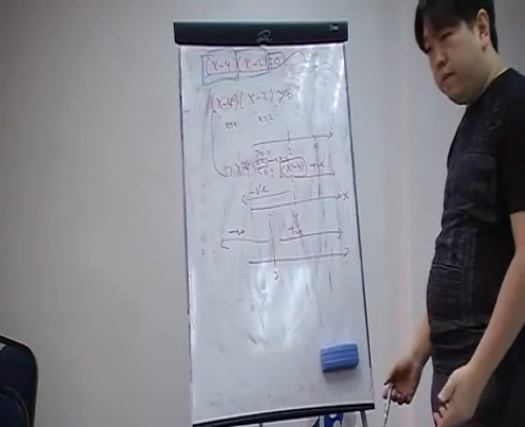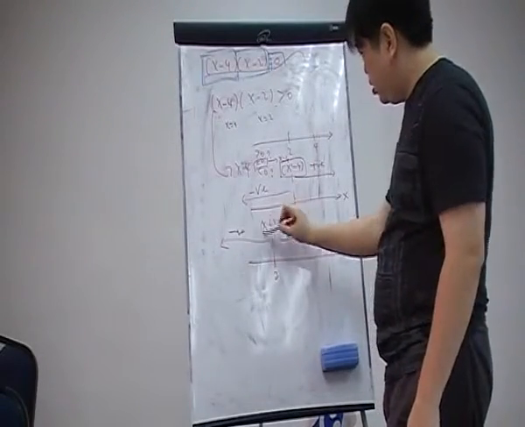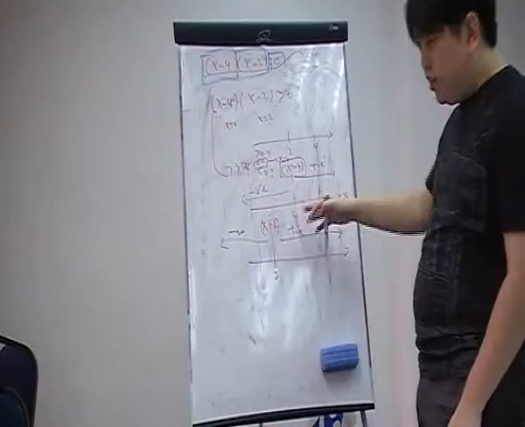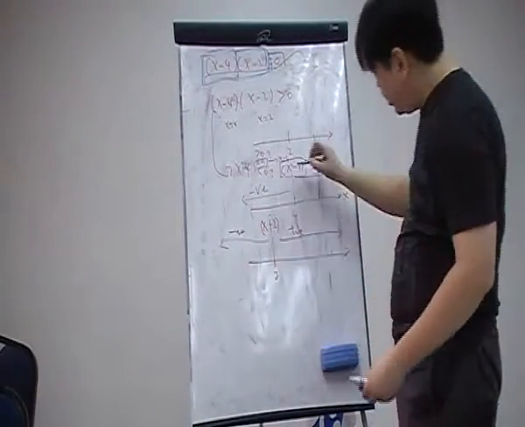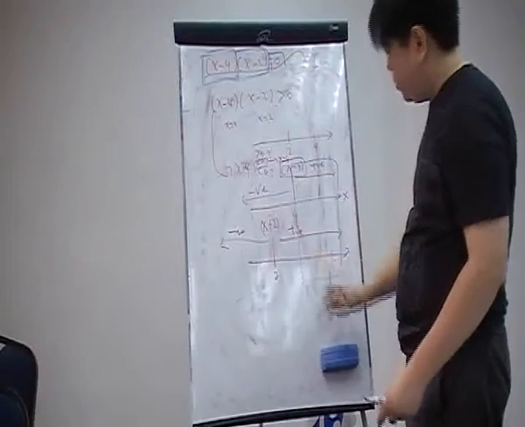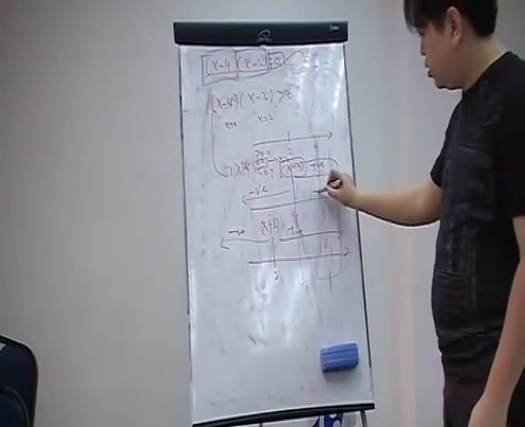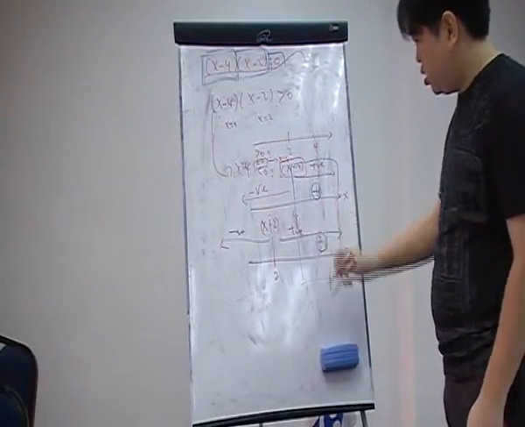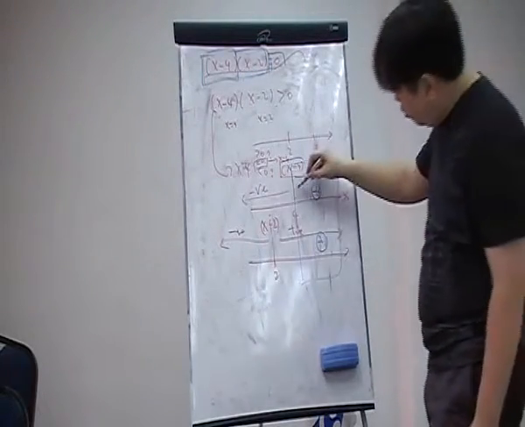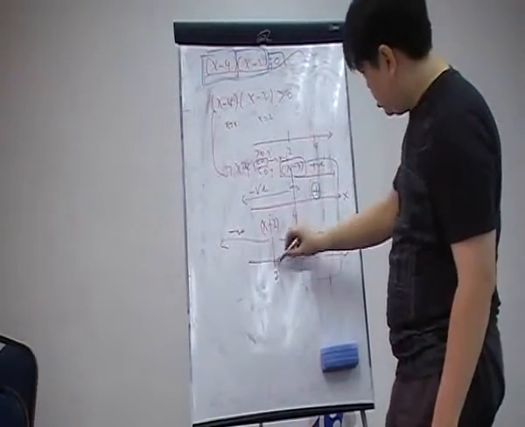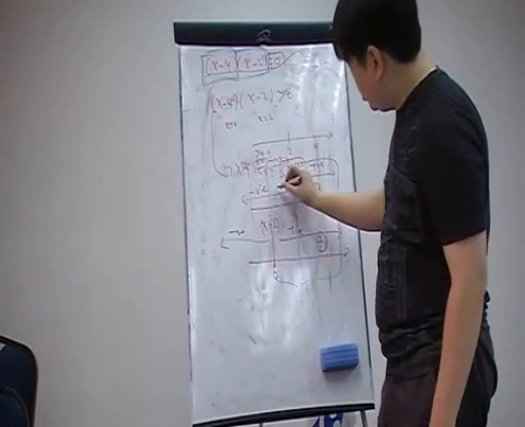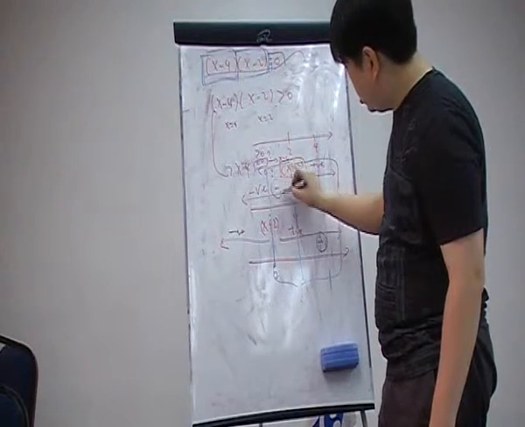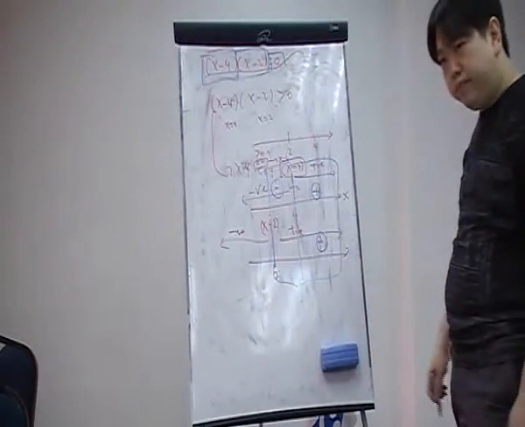Okay, right? This is x minus 2. So when you combine them, what do you see? You see that this side is both positive. When you hop over to here, this becomes negative.